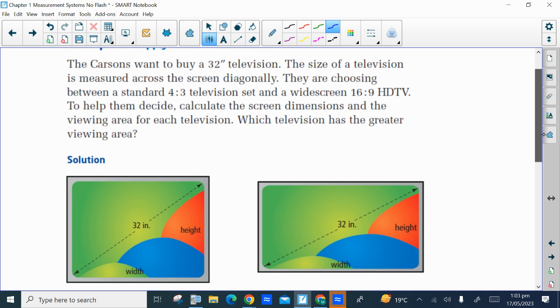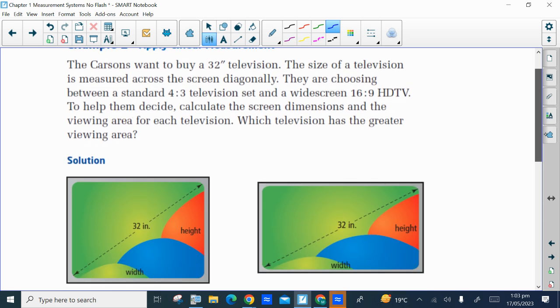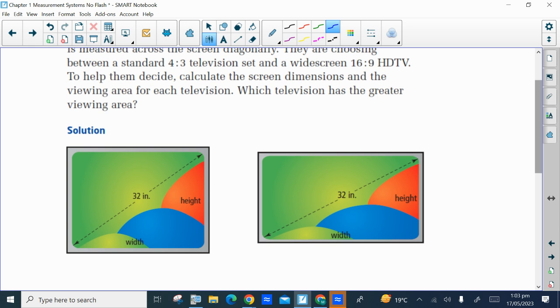All right, let's look at this one. The Carsons wish to buy a 32-inch TV. Both of these TVs are 32 inches, but the size is measured across the screen diagonally. You see, the diagonal is always going to be a larger number than the two actual sides of the TV, because really you've got a right triangle here.